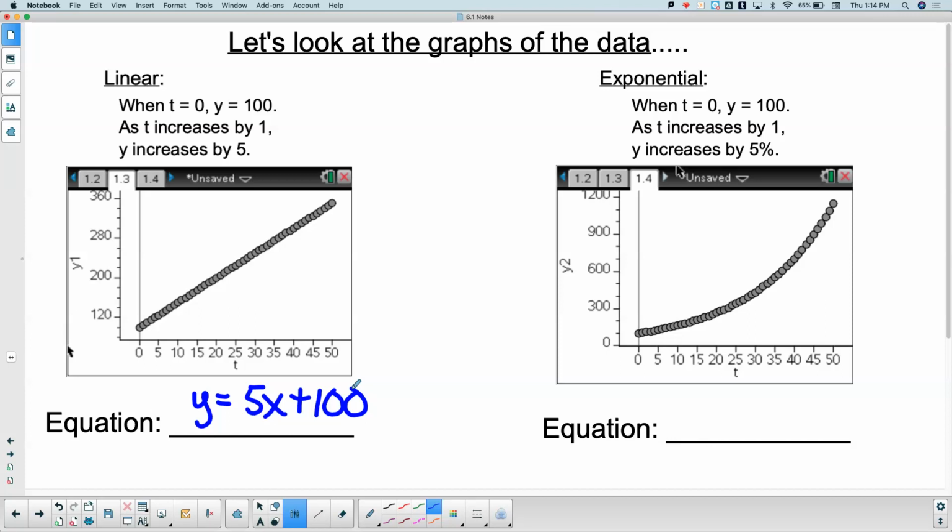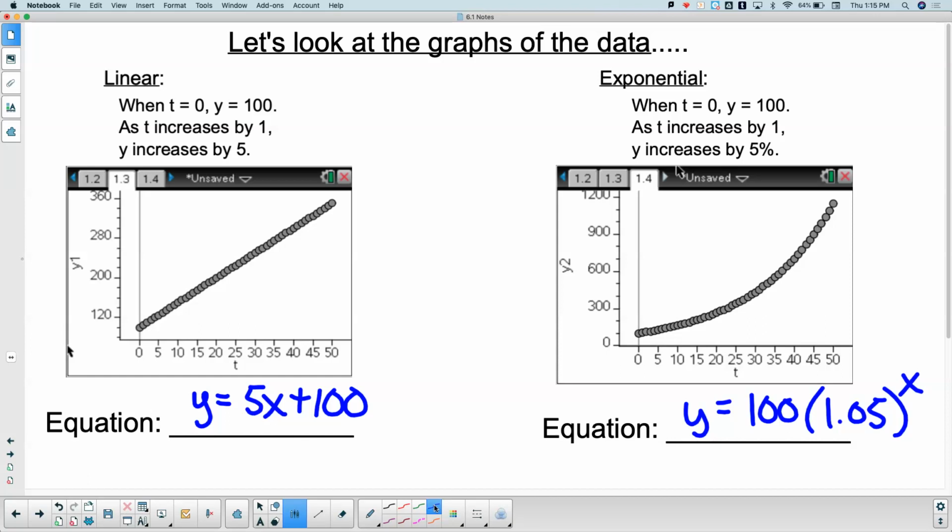On the other one, the exponential one, y here is going to equal 100 times 1.05 to the x power, or in this case, to the t power. Now, the big idea here, and this is what I want you to write down: when you are in an exponential function, your independent variable is in the exponent.